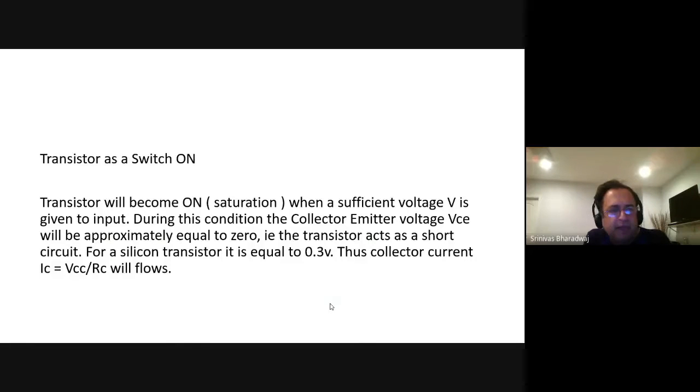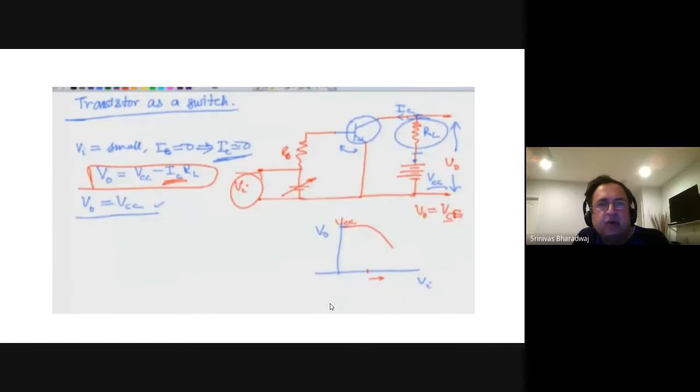When a sufficient voltage is given to the input, the other input will either be passed through or it will be cut off. So there are thus two inputs to the gate. When a transistor is used as a gate, typically there are two inputs, and some combination of those two inputs produces the resultant output.